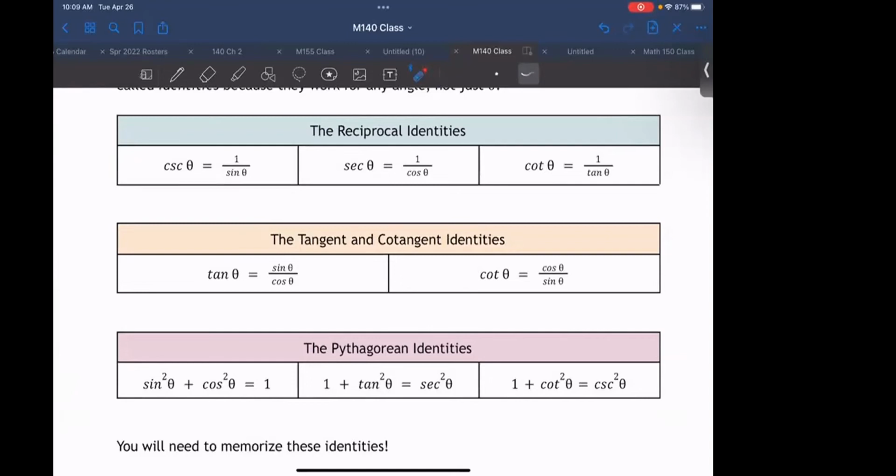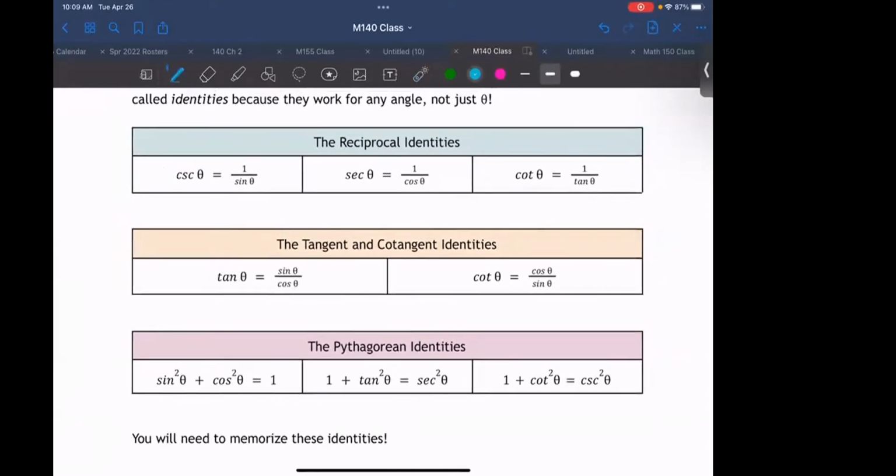So let's take a look at some of these. Now, don't freak out. I want you to memorize all of these, okay? Now, you won't have to memorize all of them if you know the tricks to memorizing them. So don't freak out. You will have to memorize these guys, but I promise you it's not that bad, so don't freak out, okay?